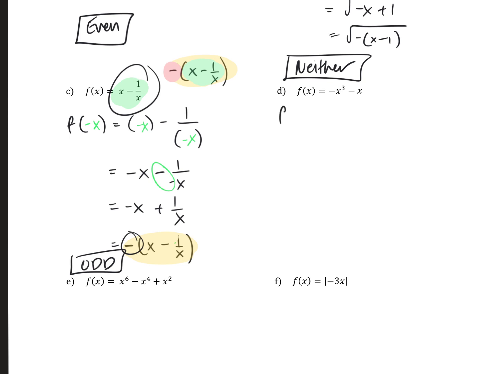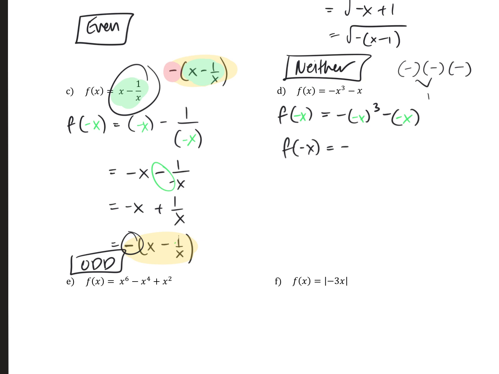Okay, so let's go ahead and try the next one. Feel free to pause the video and try this out by yourself and then check in with me with your answer. Again, plugging in the negative for the opposite of x. What will we get? F of negative x is going to equal, that'll be negative, here, interesting. Anything cubed, is that going to be a positive or a negative? It's still going to end up being a negative because when we cube something, we're multiplying it to itself twice.